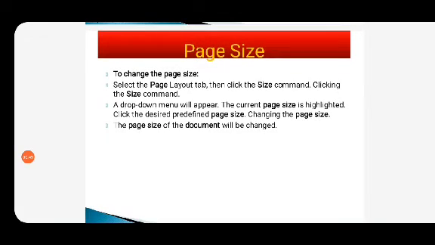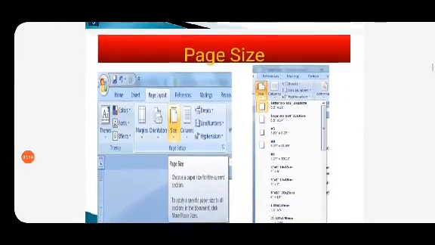So let us start with page size. Page size is nothing but the size of a particular page, and we can change it with the help of the page layout tab, wherein we have to just click on the size command, and when we click on the size command we will get the current page size highlighted. Let us see how you will get it.